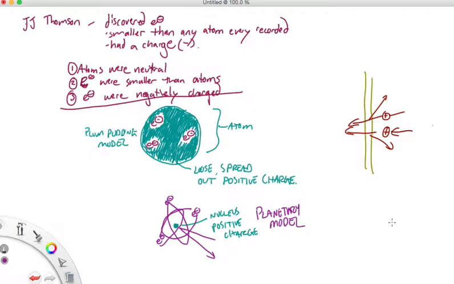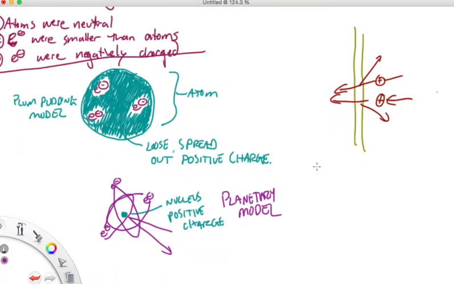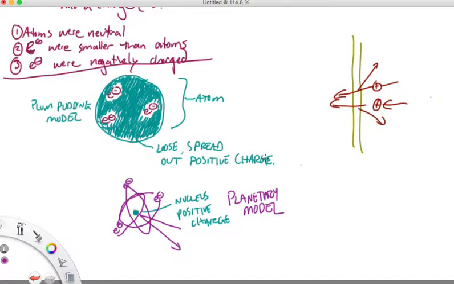Now I'm going to go on to the last model, which is the Bohr model of the atom. It can be explained in much more detail. I think I have another video up there showing it in more detail. But the basic idea is that you've got the nucleus, and now we've got the neutrons inside the nucleus. But now you also have electrons, and they're not orbiting.